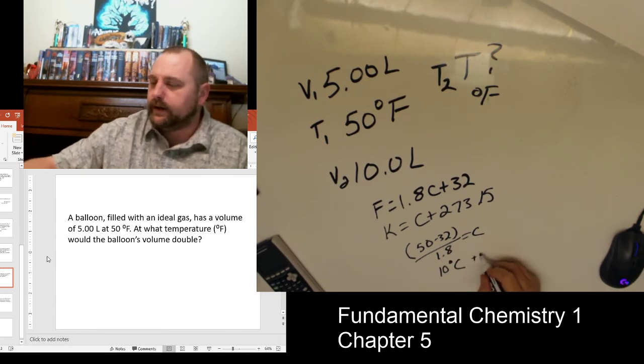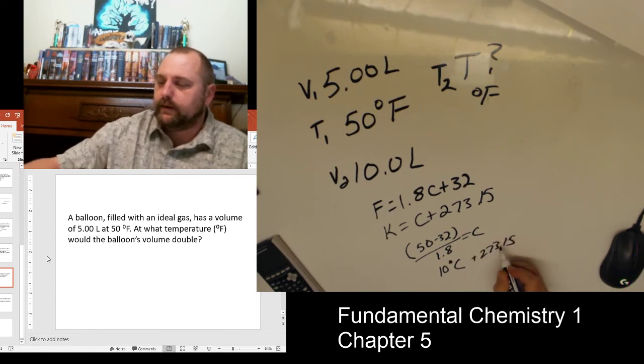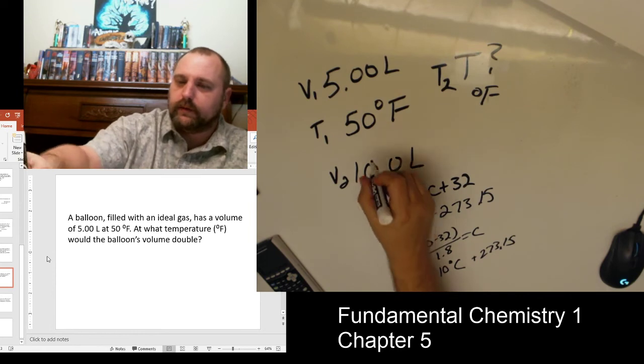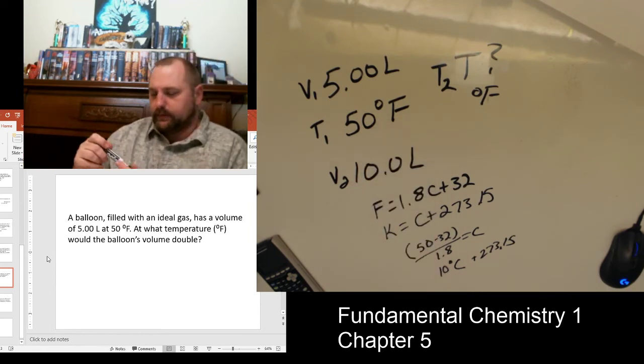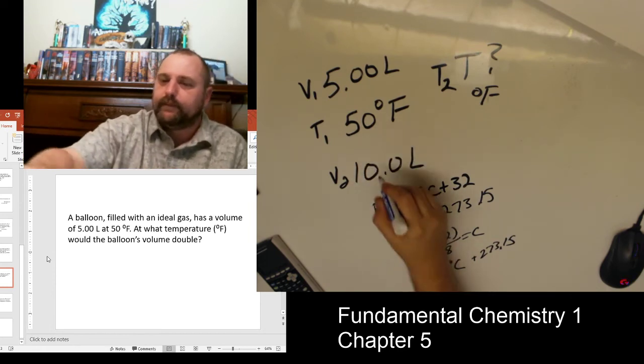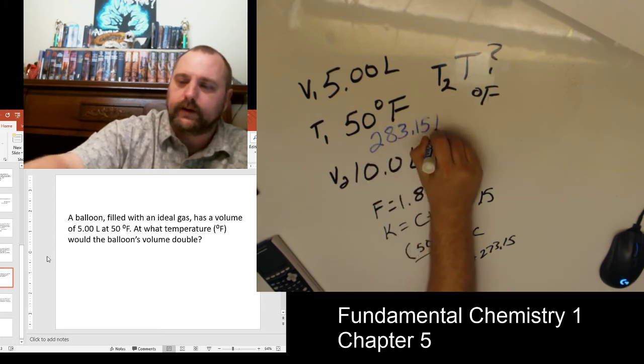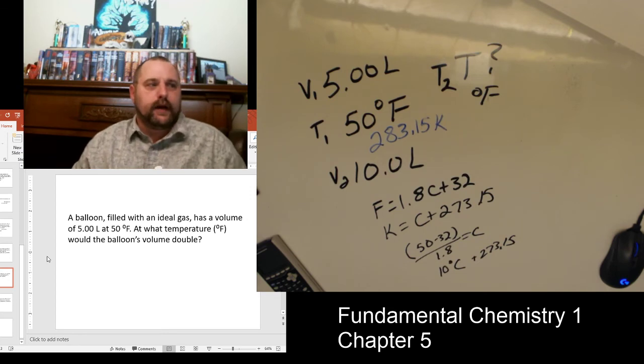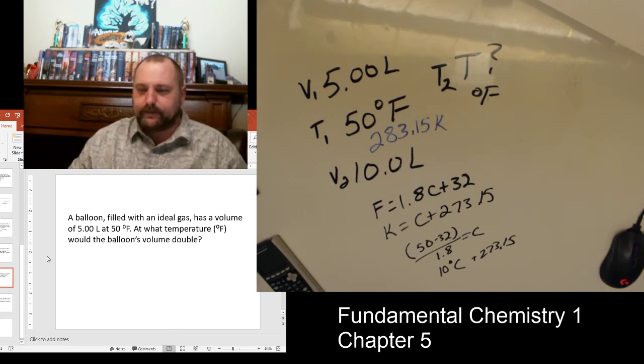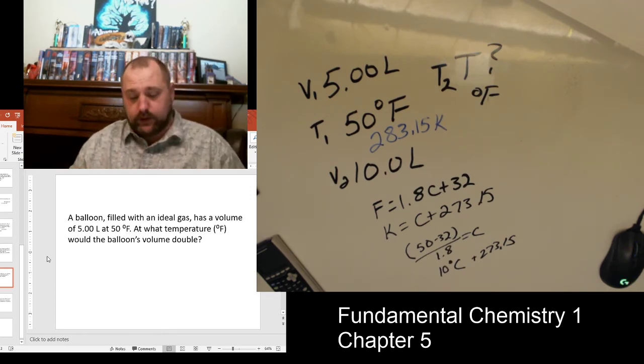And then I'm going to have to add 273.15. So I've got my temperature here, right up here, that in blue is 283.15 Kelvin. So now when I'm ready to plug this in, make sure we plug in the Kelvin.